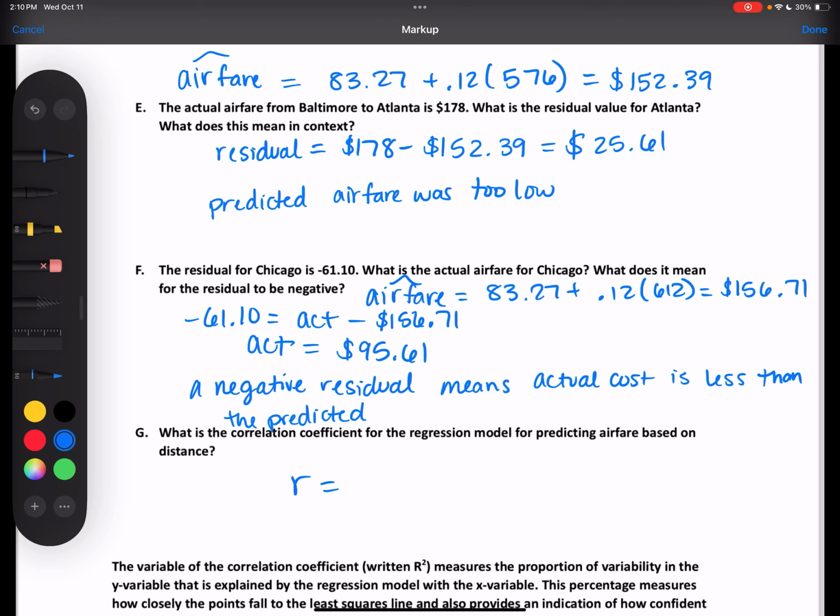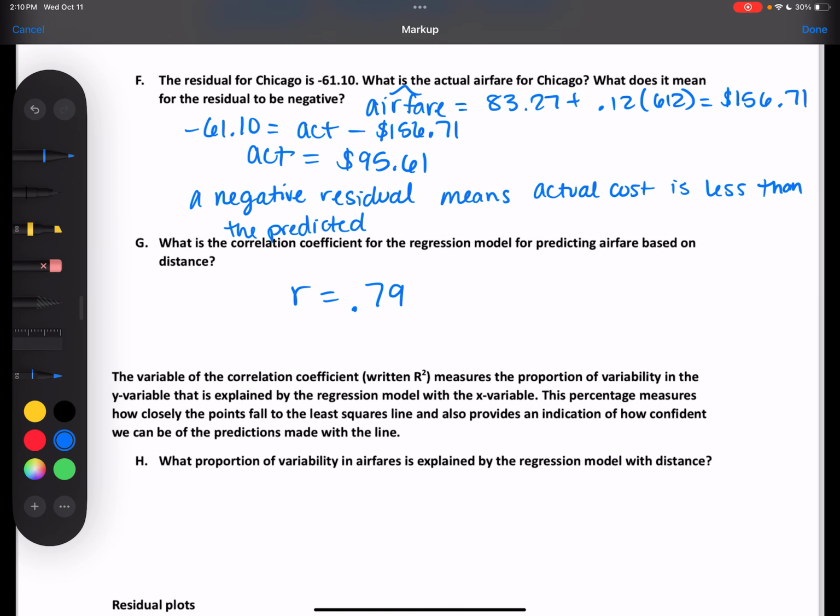My suspicion is that it's longer than 2, but it might not be. Some of them work out nicely and others not so much. What do we get? 0.79. All right, don't clear it because we need it for the next question as well.